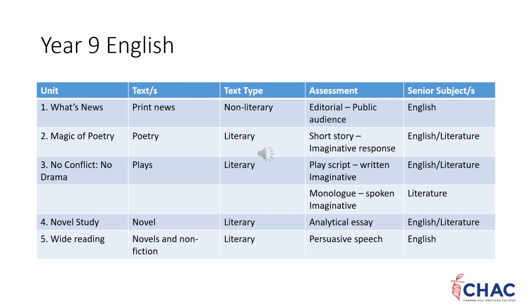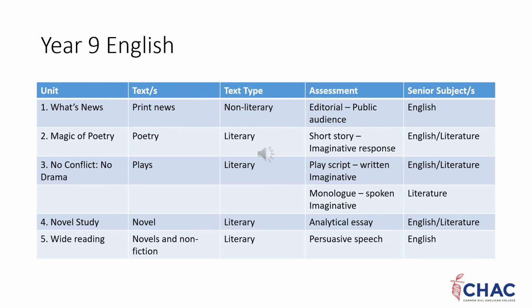You then went on to look at poetry. Poetry is a literary text, and your assessment task was an imaginative response. That unit prepared you for both the work studied in English and literature. You then went on to study drama, and you looked at a play in detail. Drama scripts are a literary text. So here again, you studied the play and you wrote an imaginative response.